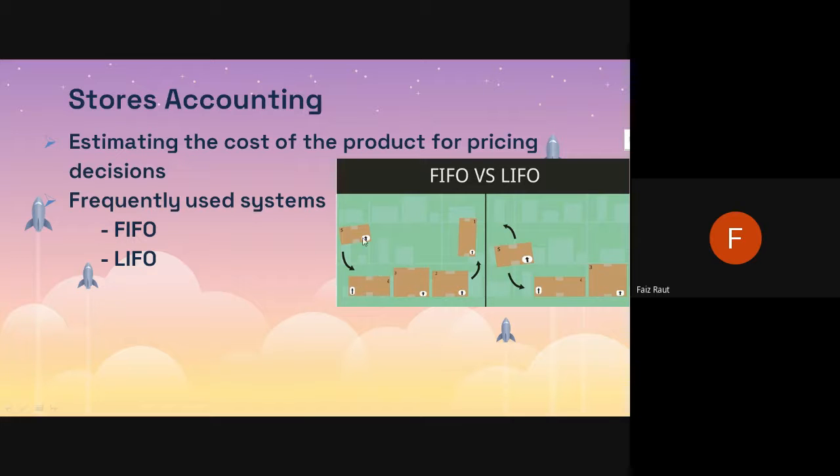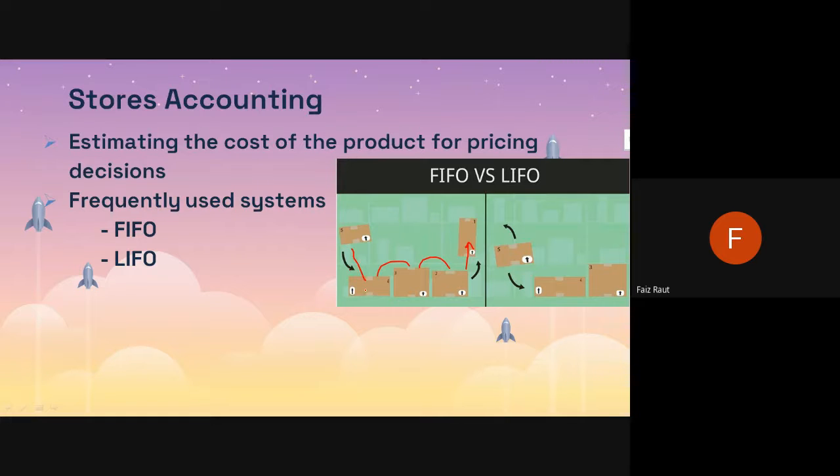This is an example of a FIFO. This is the product which is coming in, then it goes here, then here, then it goes out. This product came in here and went out here. These are products number 1, 2, 3, 4, 5. The fifth product comes at the fifth position.